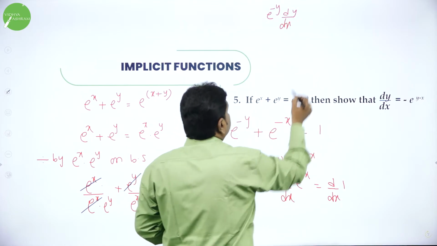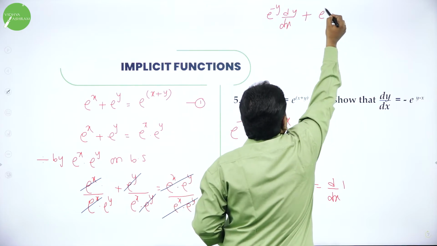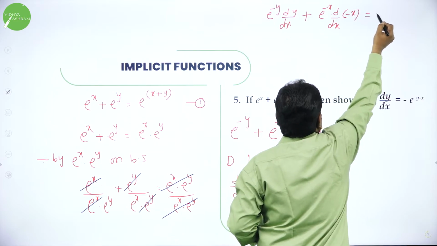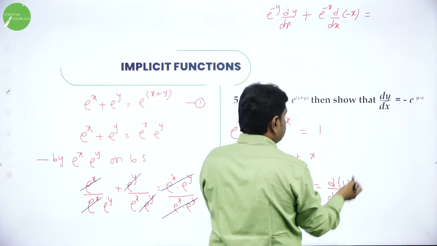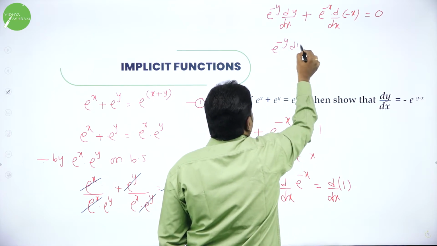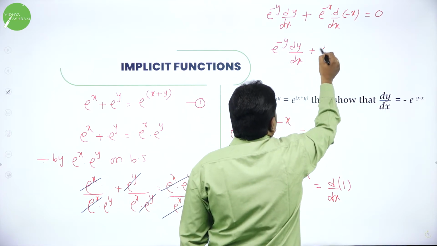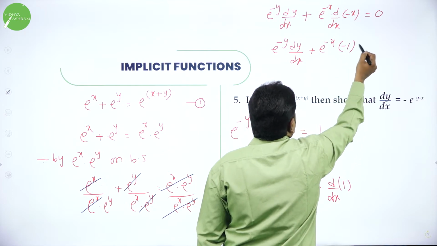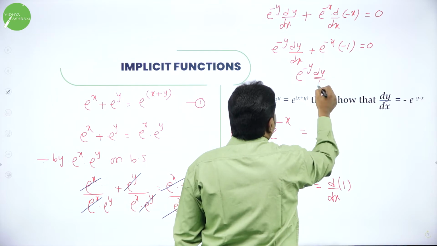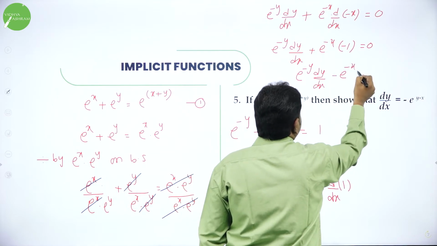Then we have plus d by dx of e power minus x, which is e power minus x into d by dx of minus x, is equal to d by dx of 1. D by dx of 1 is what? 0. Now e power minus y into dy by dx plus e power minus x into d by dx of minus x, which is minus 1, is 0. So e power minus y into dy by dx minus e power minus x is 0.